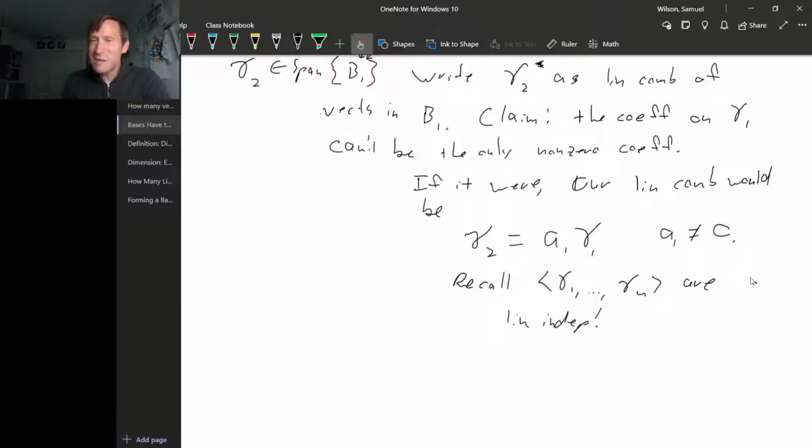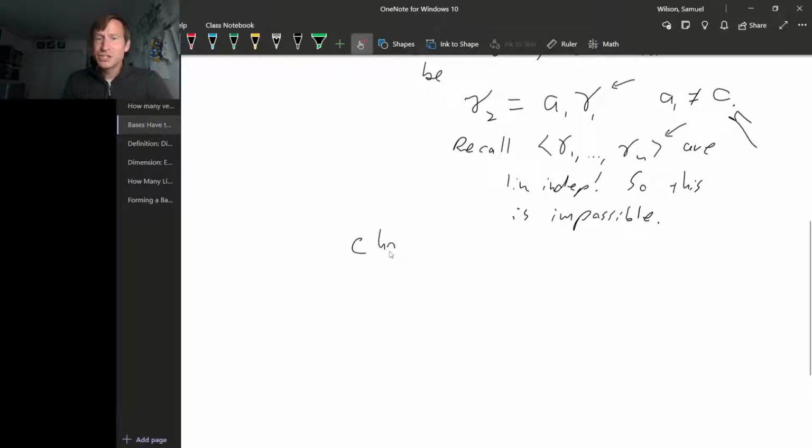So this can't happen. What we've done here is written down a non-trivial linear dependence relationship between gamma 1 and gamma 2, but the gammas form a basis. This can't happen. So that means that my claim here is true. The coefficient on gamma 1 is not the only one that's non-zero.